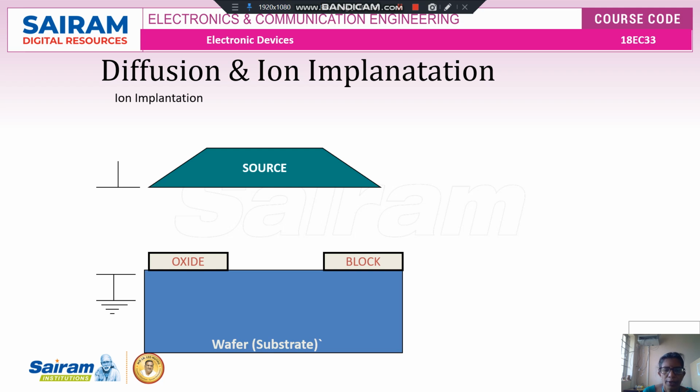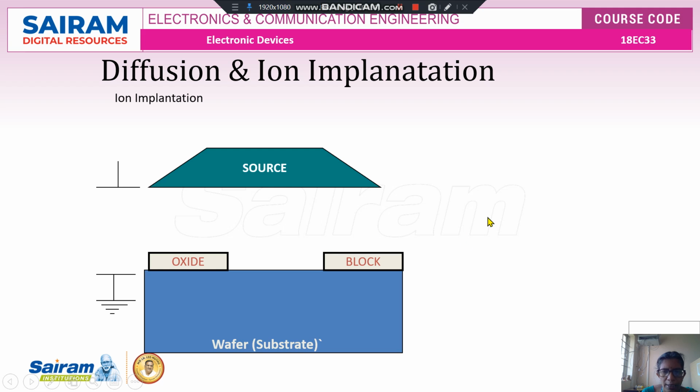For example, if we have this setup, where this is the source and this is the silicon wafer, the silicon wafer is a pure silicon material, and we have silicon dioxide on these two edges and the center is open.